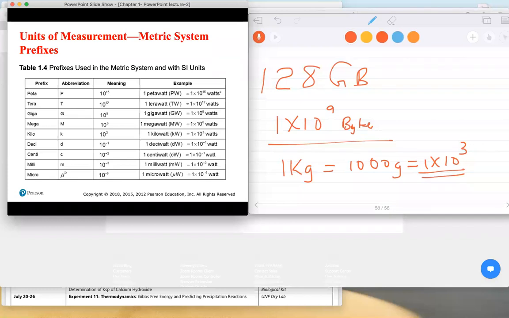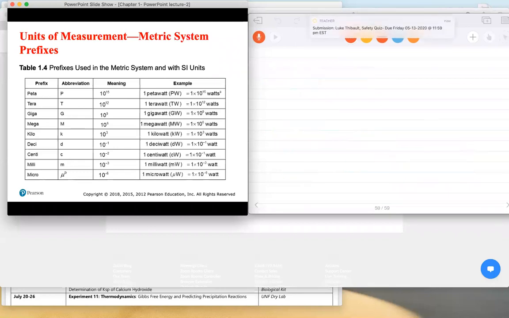That means you have increased the storage capacity. Teragram, that means you have increased by times 10 to 12. Gigabytes, times 10 raised to positive 9. Mega, all right, you have heard about mega and then hertz. You'll see that. That means you have the frequency times 10 raised to what? Positive 6. Kilo, deci, centi, milli, micro, all right.